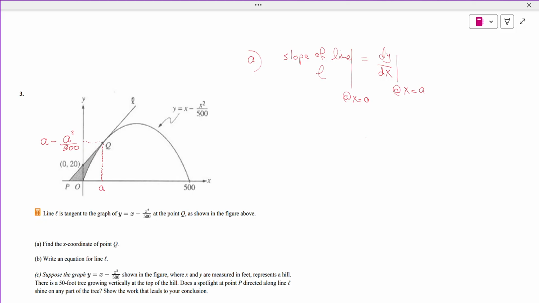So what is the slope of line L? It's a line, so the slope is constant.